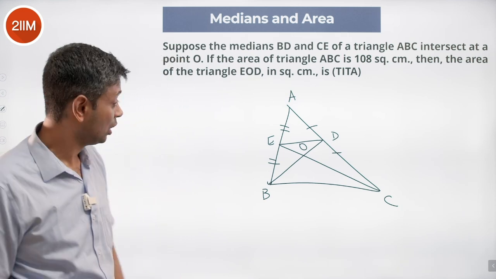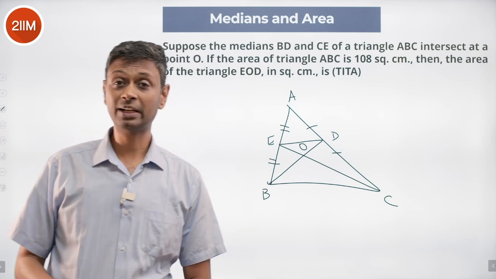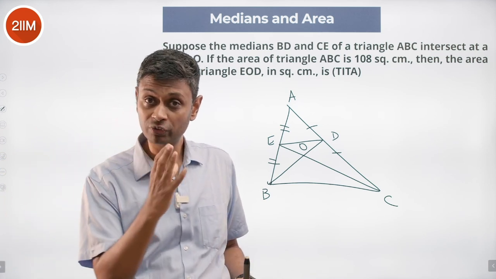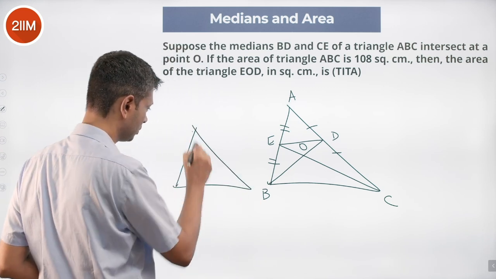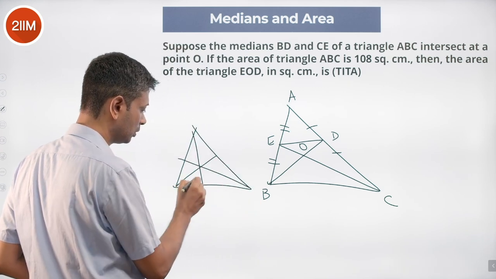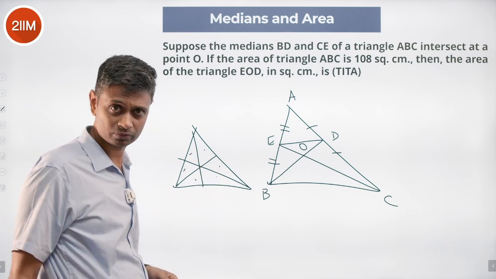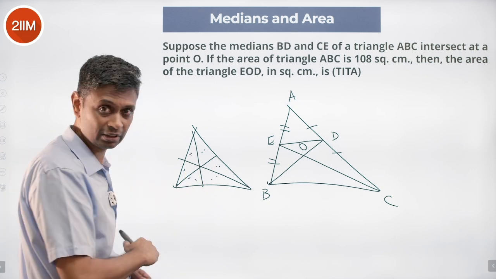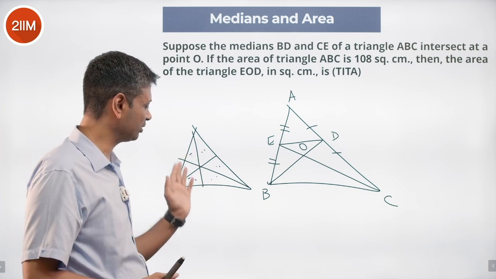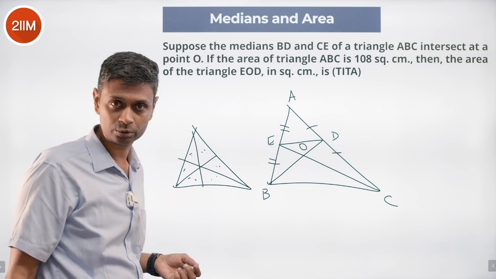Rather good question. The medians break the triangle into 6 parts of equal area. And so if I draw all 3 medians, all equal. Why? These two are equal, this is a median, these two are equal, this is a median, these two are equal, this is a median. And we can prove that each of these bigger chunks are equal to each other.